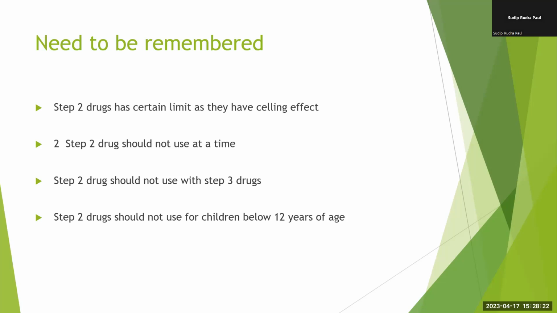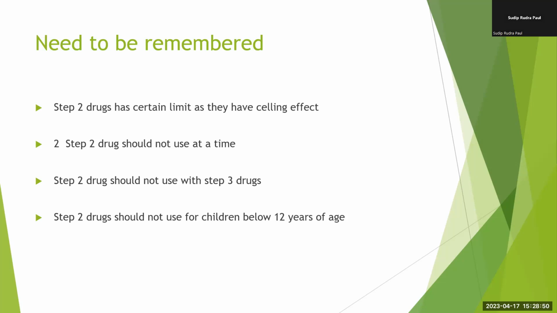There is no step 2 medication, because for kids below 12 years of age, their liver and kidney cells are not mature enough to metabolize step 2 drugs. Because of that, there might be a chance of damage to those organs. That's why we do not give step 2 drugs.